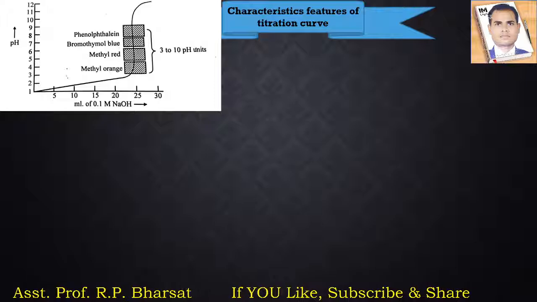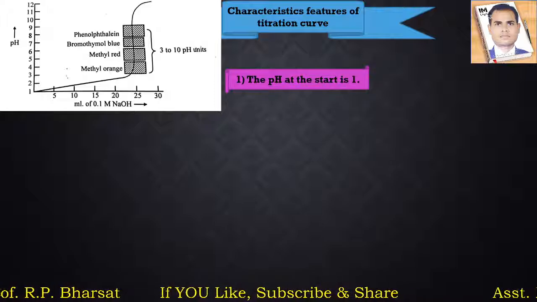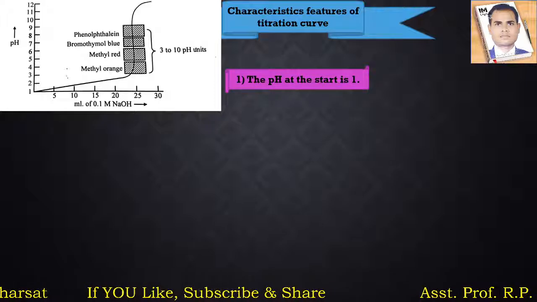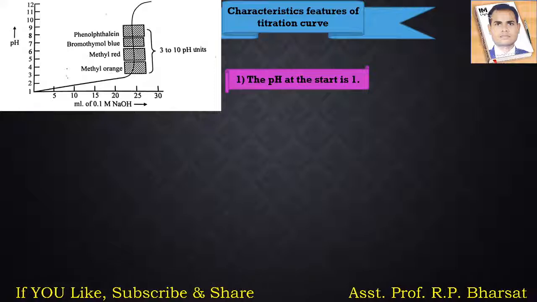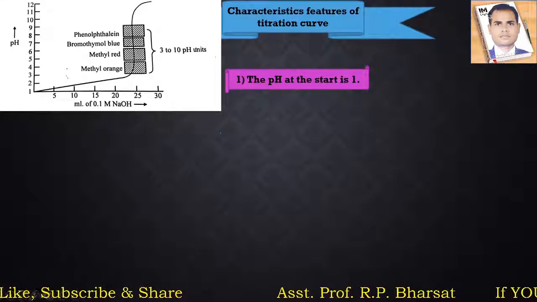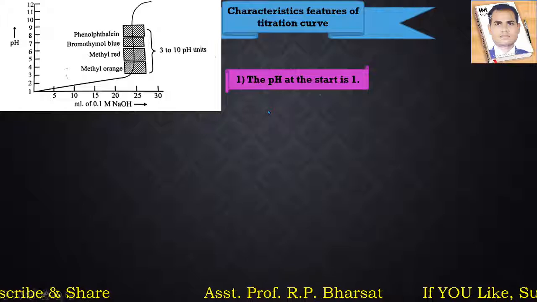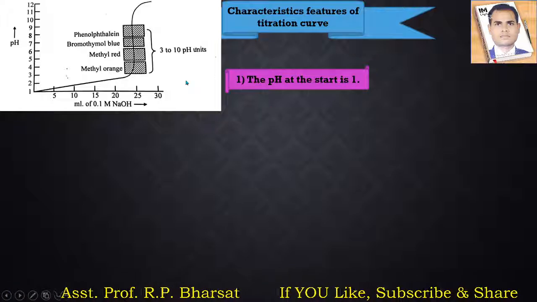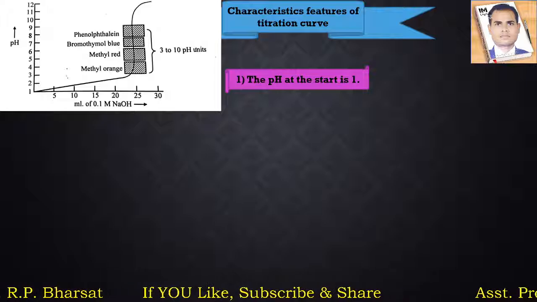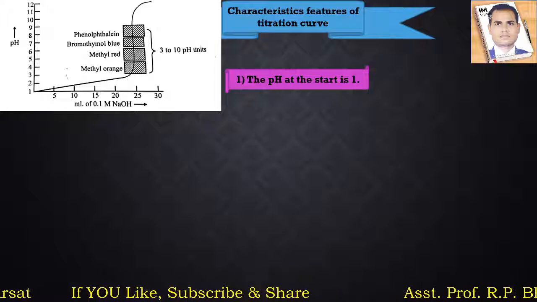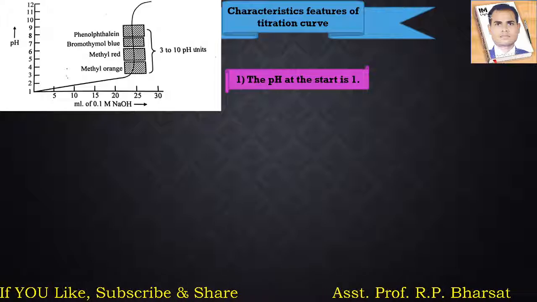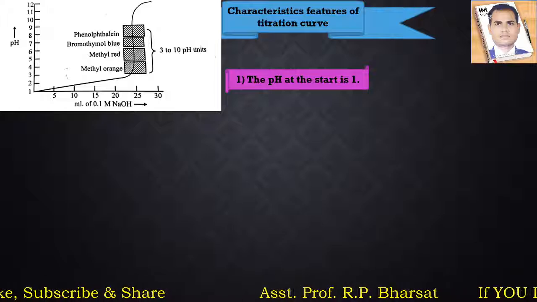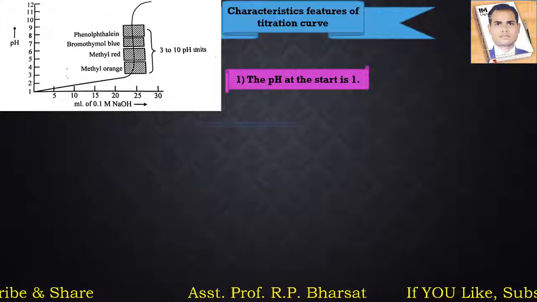This is the titration curve. The first point is, when you are adding base into the acid, at the starting, without addition of base, the solution pH will be 1.